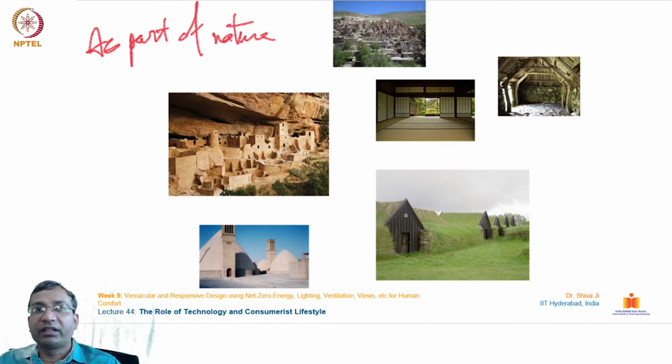We can see here some examples from different countries, like how the vernacular designs have been part of the nature itself. You can see over here this doesn't look like a man-made roof, but the natural grass surface has gone on top of these houses. And some more examples over here, you can see these giant quarters from Japan.